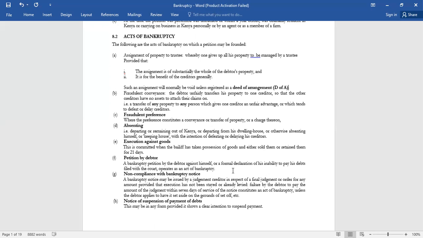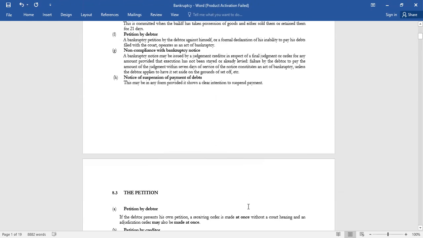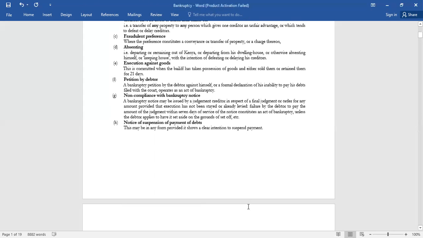And then we have notice of suspension of payments of debts. This may be in the form of, provided that there is a clear intention to suspend the payment. In other words, we had come up with a payment agreement. Let's say you had agreed that you'll be paying my amount in full after a fortnight.